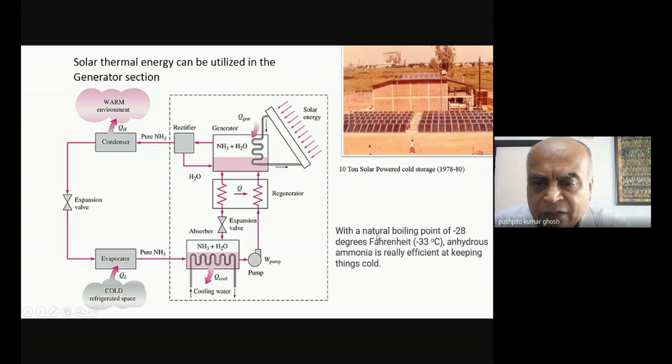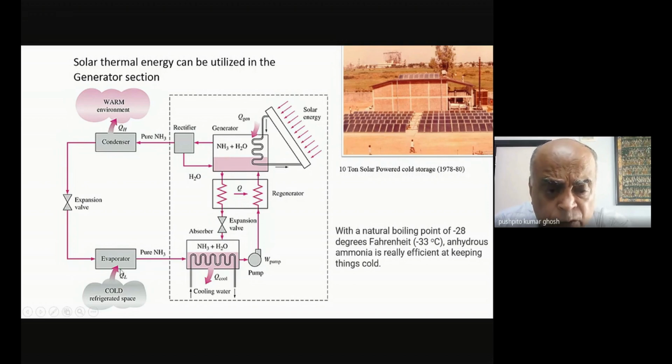Ammonia has a boiling point of minus 33 degrees centigrade, so anything, this would be very hot, and it would take the heat from the room, and it will evaporate the ammonia, and effectively vaporize it.